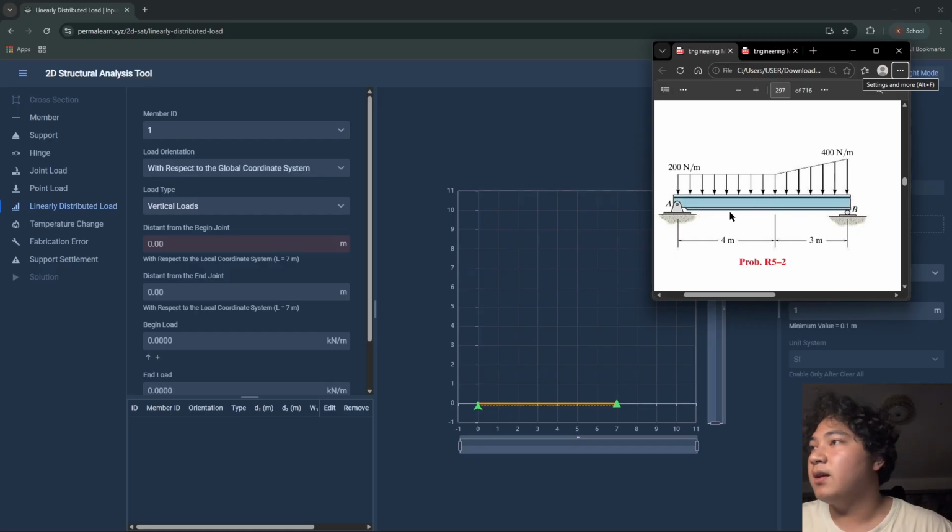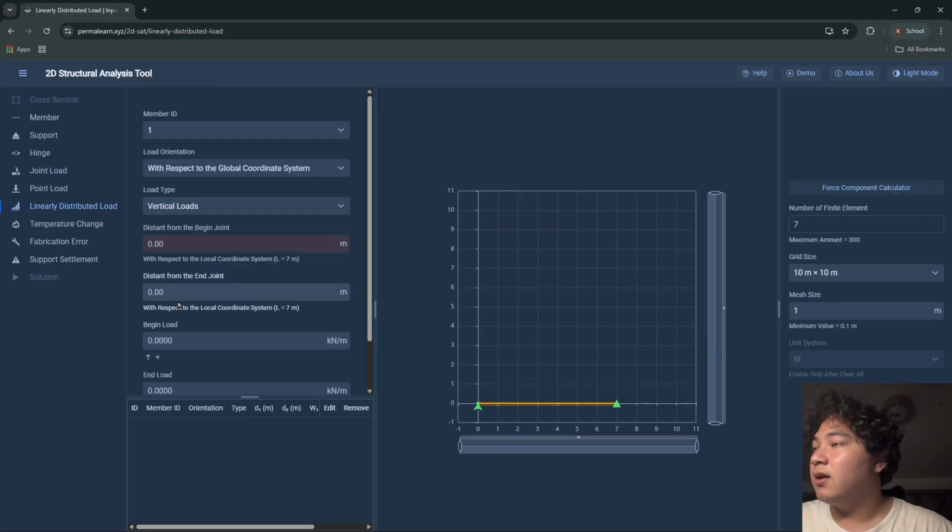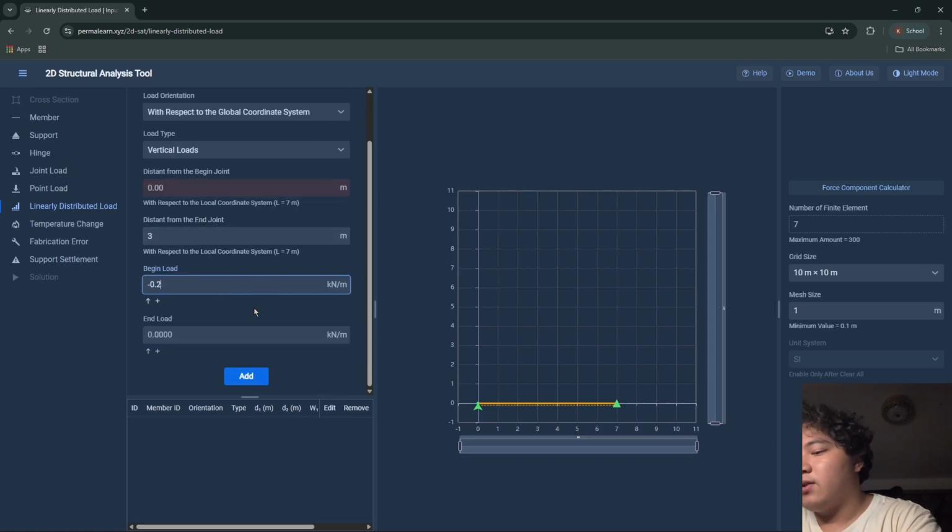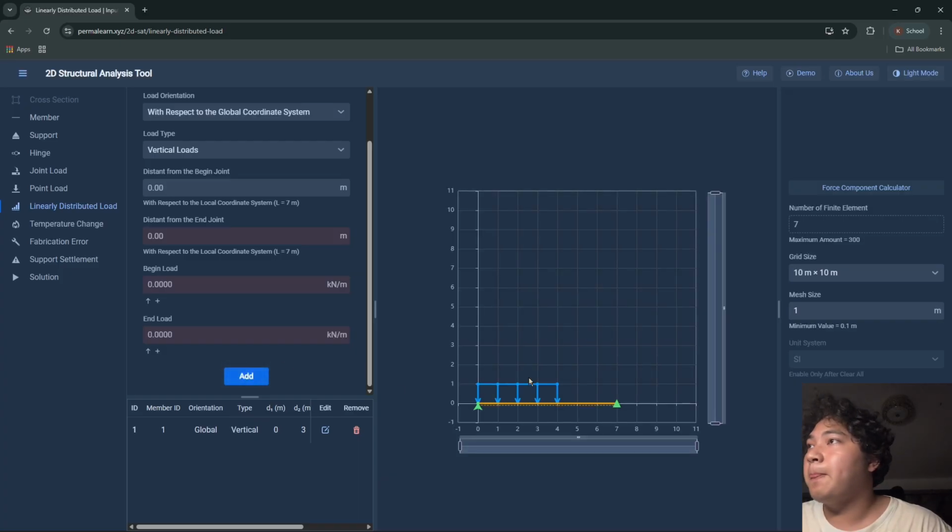That's 3, so you put 3 here. Your begin load is 200 Newton per meter, and this is in kilonewton per meter, so you put negative 0.2, because you take outward positive, and your end load should also be negative 0.2. You add it, and it should look like this.